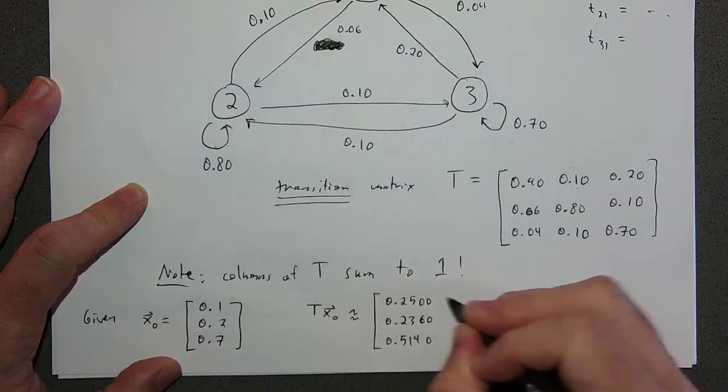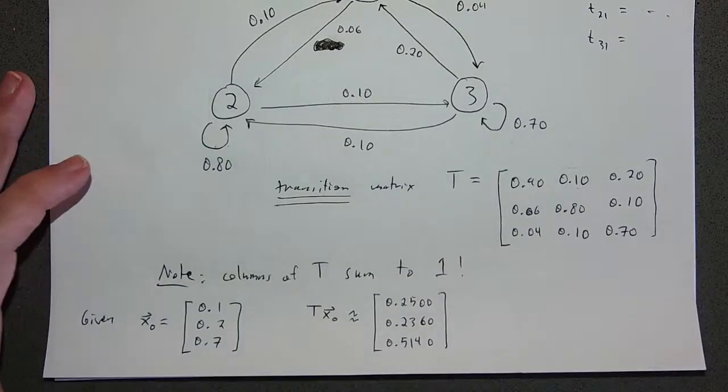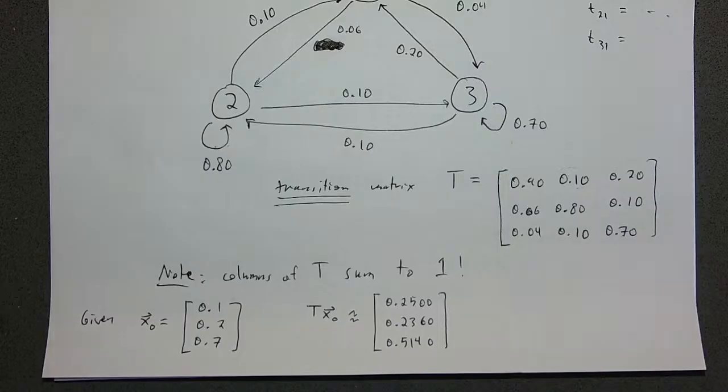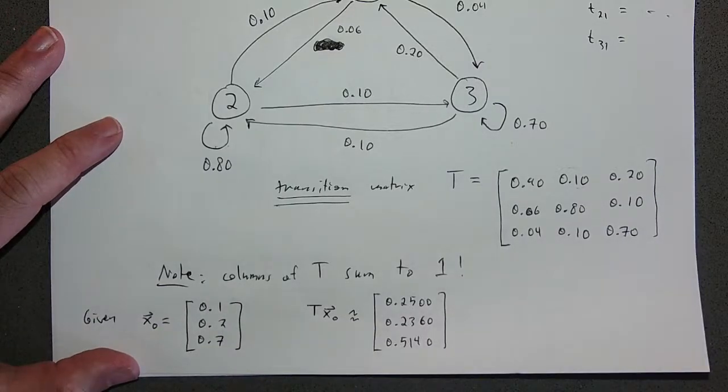So you see that even after the first step, my distribution now has changed in this way. The amount of people in state 1 has more than doubled. And look at how this has decreased.